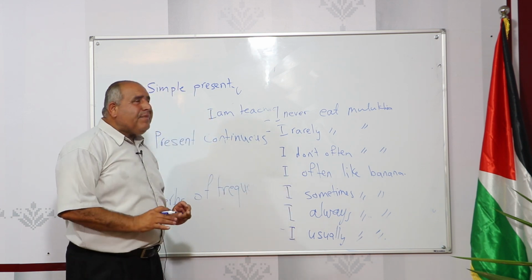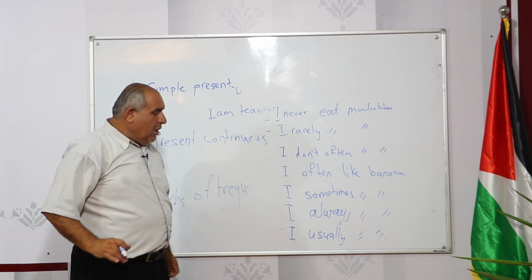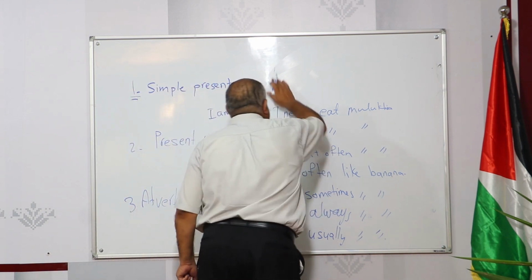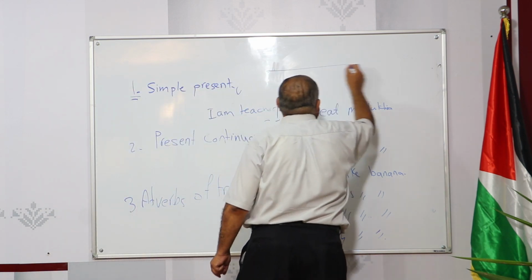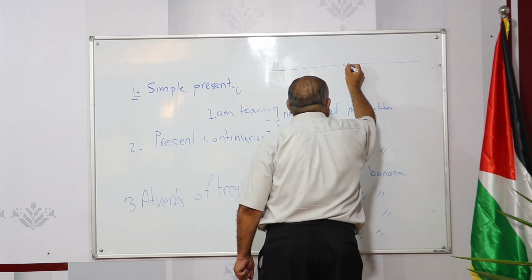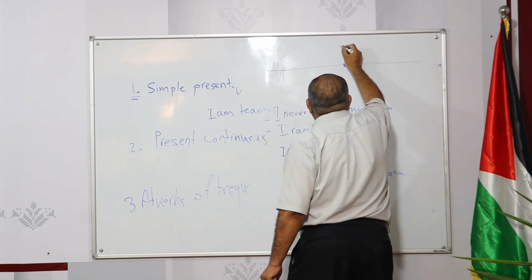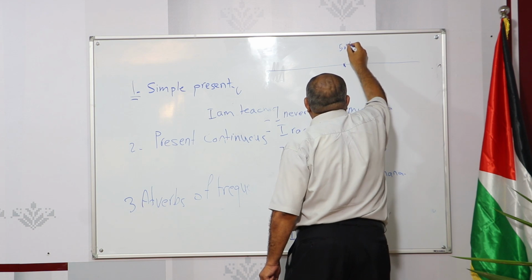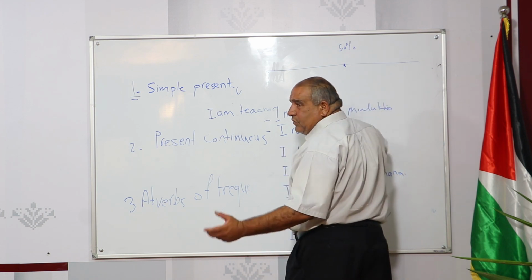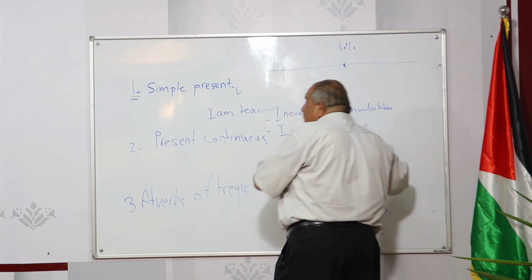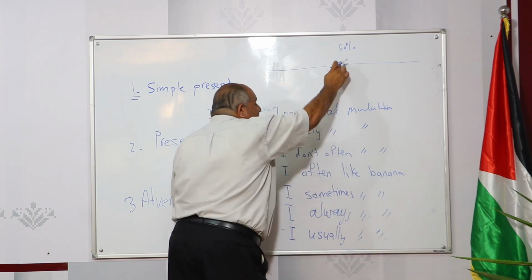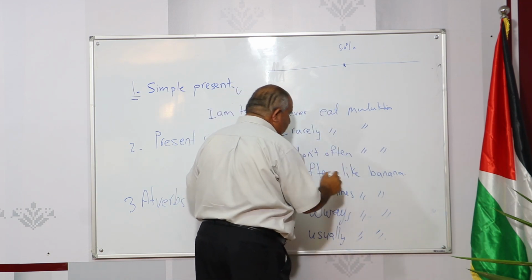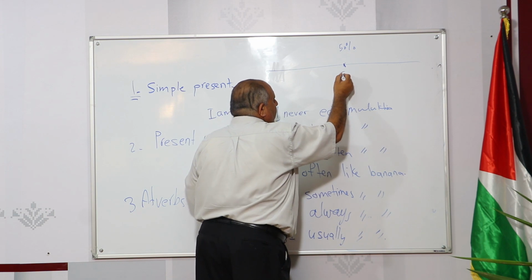Now, we can express how to use them on a line of frequency, on a line of occurrence. In the middle of the line of occurrence, we have a percentage of 50%. 50% you do something, or 50% you do not do it. On this 50%, you put often.